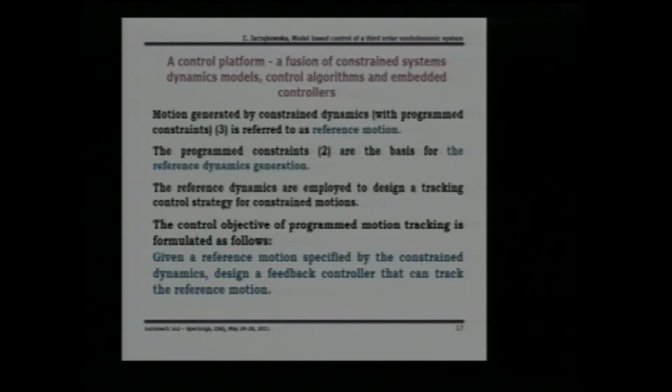For example, I want to control acceleration, I want to control jerk, yeah? And the control objective is formulated like this. Given a reference motion, this is what I want from the system to do. And my reference motion is specified by the constraint dynamics. Now, design a feedback controller that can track the reference motion.